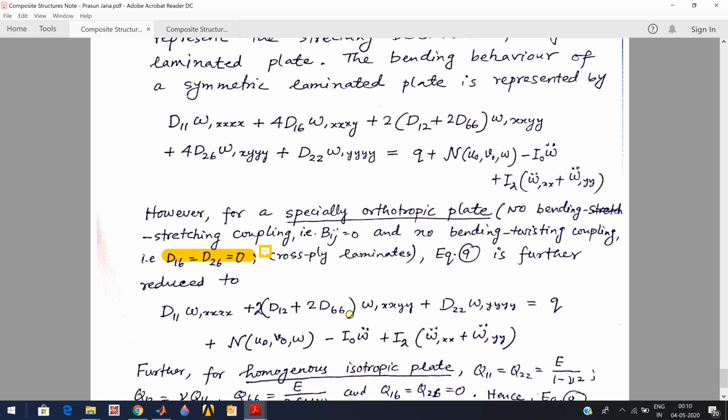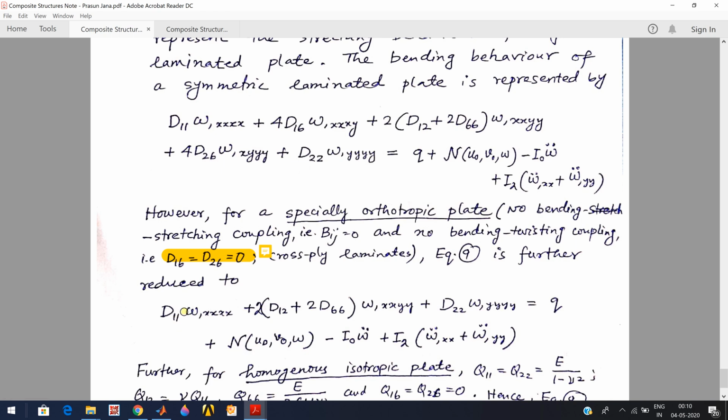And from this, again, for the transverse vibration of the plate without any forcing function involved, that is the natural vibration, the q term will be 0. There will be no transverse load, and the N also will be 0 because there won't be any in-plane forces.